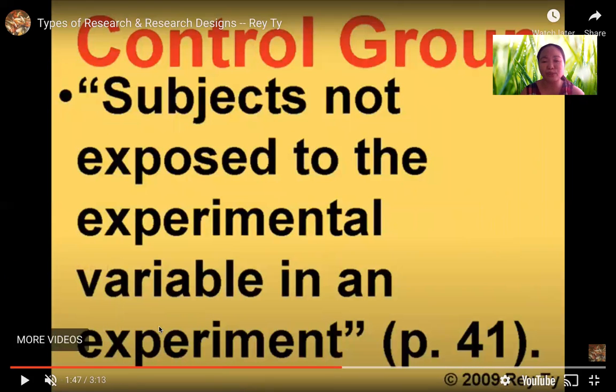And of course, the importance of that is to know that yung treatments, if the independent variable or the treatments have really changed the dependent variable or the yield, you can only assume or compare that if the control is very significantly different.